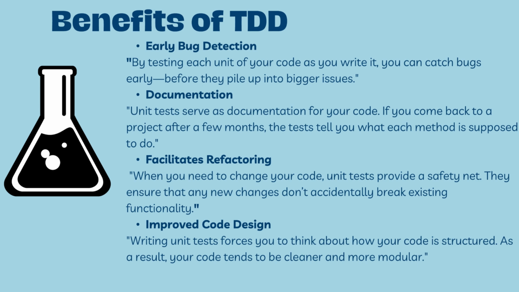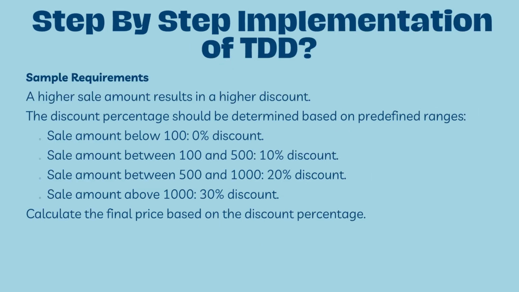So let's understand how this complete TDD process works. We will be taking one simple scenario. Consider an e-commerce platform where you have a discount calculation. If the sales amount is below 100 rupees, then the discount is 0%.